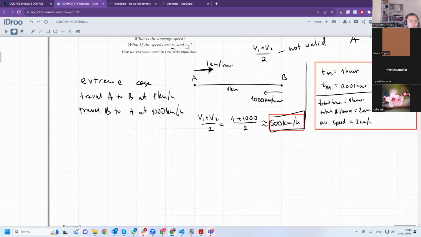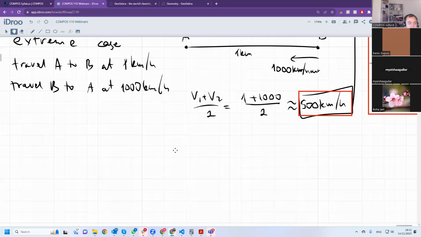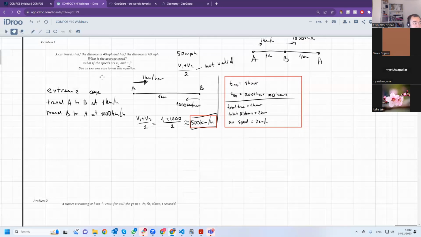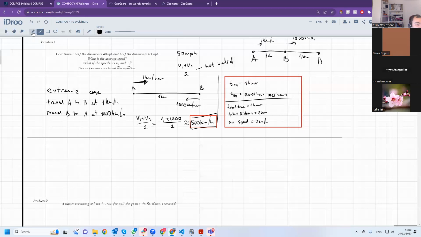So what actually happens? What is the actual average speed? Well, to answer this question, let's take an easy distance. Assume total distance is 240 miles.